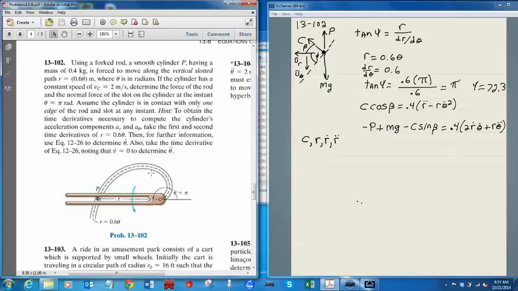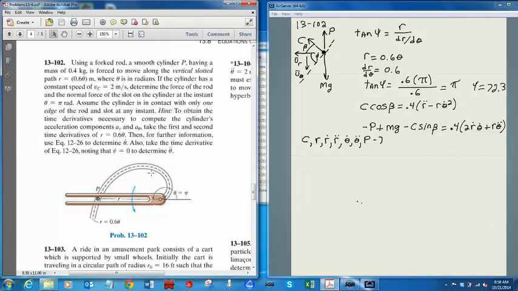The theta is known. The theta dot is unknown, so I don't know theta dot, and I don't know theta double dot. Also, I have a force P, which is unknown. So I've got quite a few. That's 1, 2, 3, 4, 5, 6, 7 unknowns, and I only have 2 equations. I'm missing 5 things.